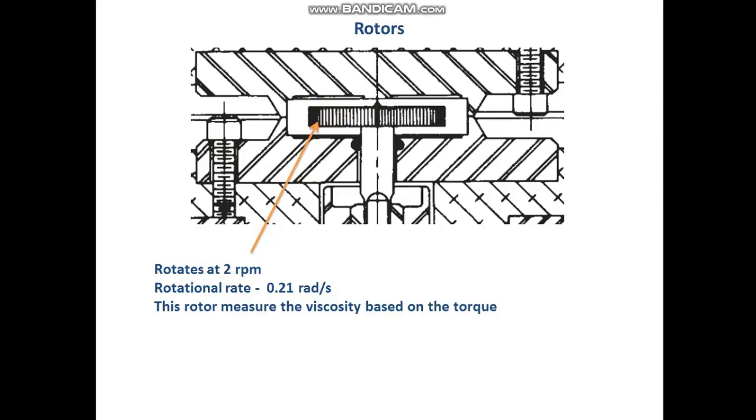That is a constant speed, meaning the rotor always tries to keep its rotational speed at 2 revolutions per minute, a rotational rate of 0.21 radians per second. This condition is used to measure the Mooney viscosity and stress relaxation of the rubber sample loaded into this cavity.